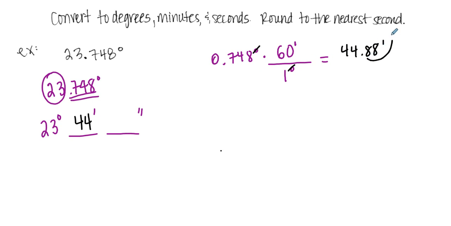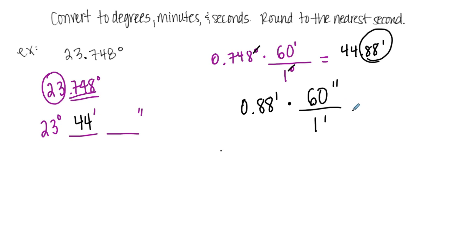So now we know that we have 44 minutes here. So I can truncate again, and I need to take the decimal part of these minutes and convert it to seconds. So I'm going to have 1 minute, 60 seconds. The minutes cancel, and I'm going to have 0.88.